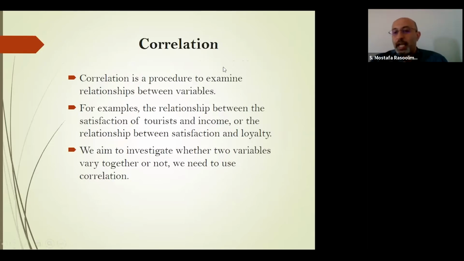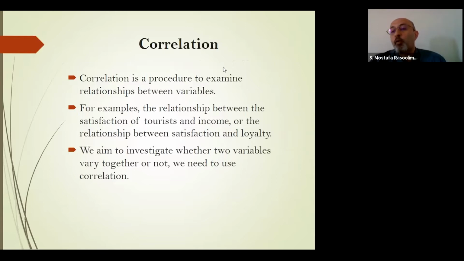Correlation is a procedure, an analysis technique that we use to examine the relationship between two variables. We use the word relationship for correlation, because the relationship between variables is bidirectional.